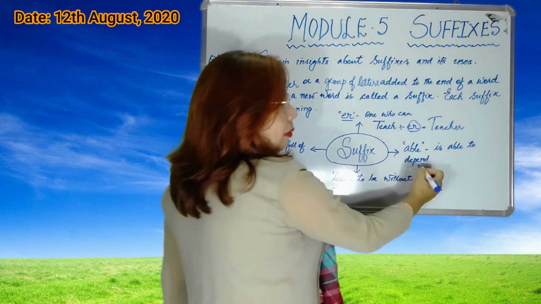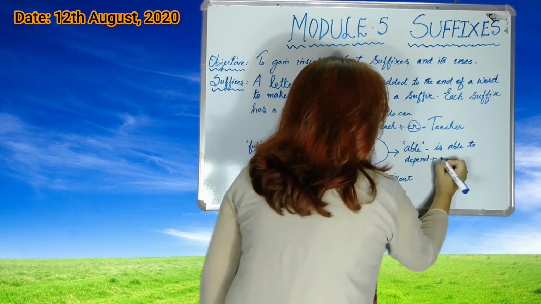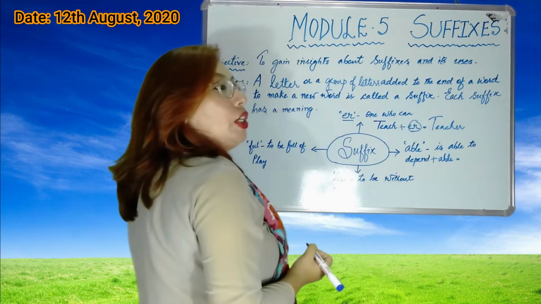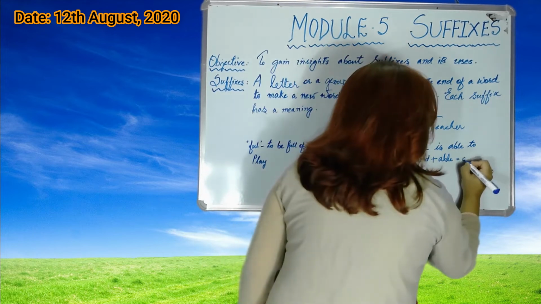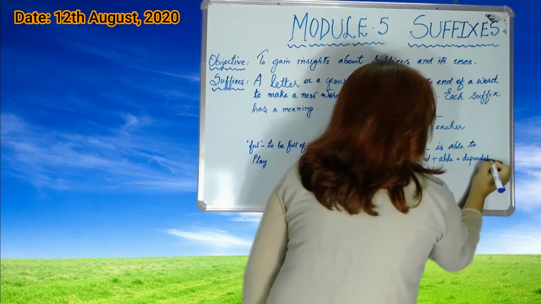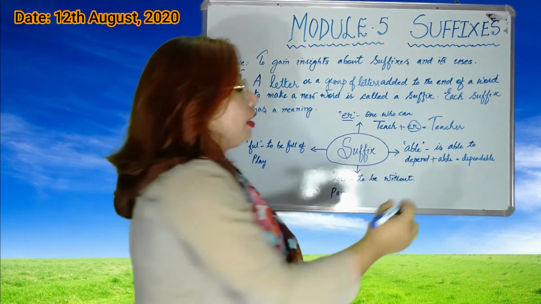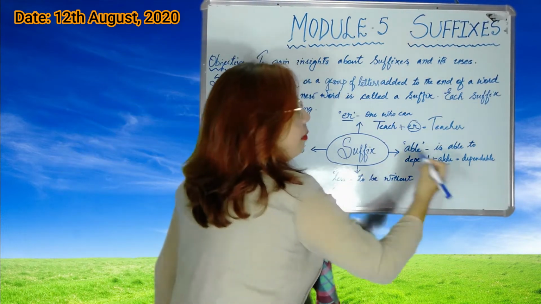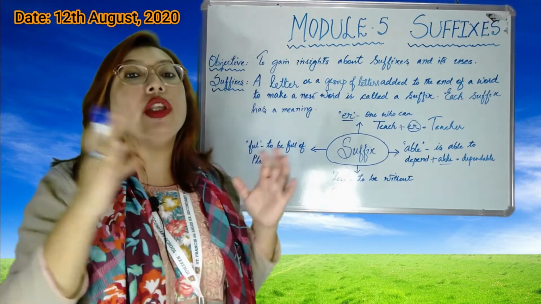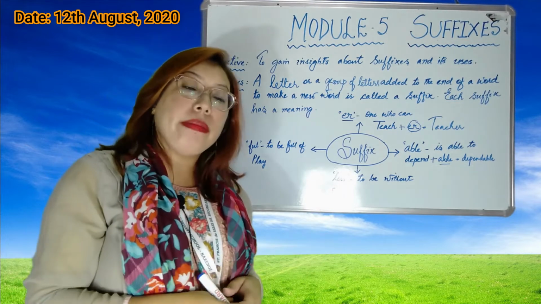Now the word depend, if I add the suffix able, this word would be changed into dependable. So see students, after adding the suffix able, the word depend has become dependable with a new meaning, right? The word dependable has its own meaning.